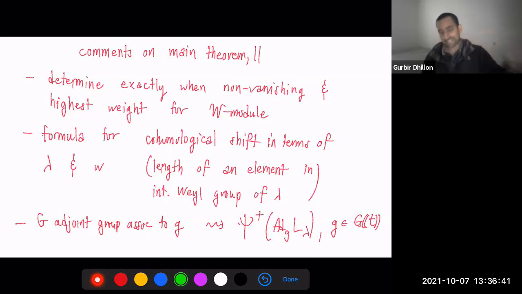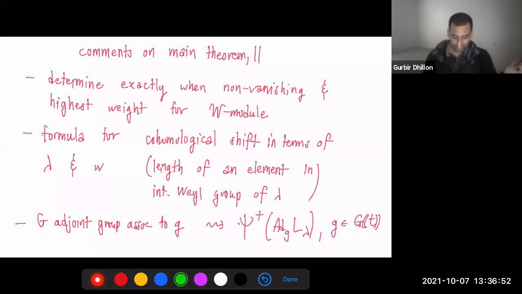Okay, so then some other comments. Again, I stated it in a pretty qualitative way, but part of the theorem is that you can say exactly when the module either goes to 0 or doesn't. And when it doesn't, there's a formula for what the highest weight for the resulting W module is. And there's also a formula for what cohomological degree it shows up in.